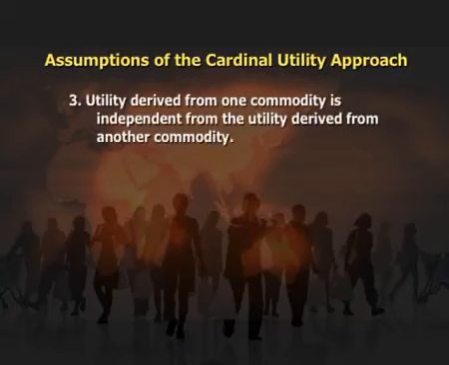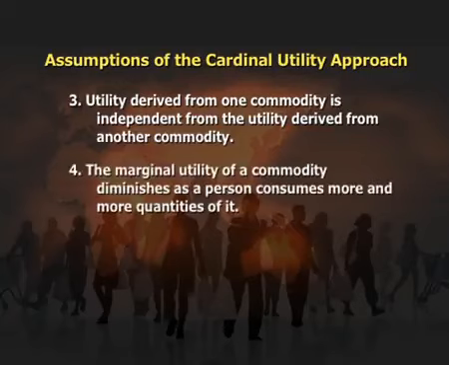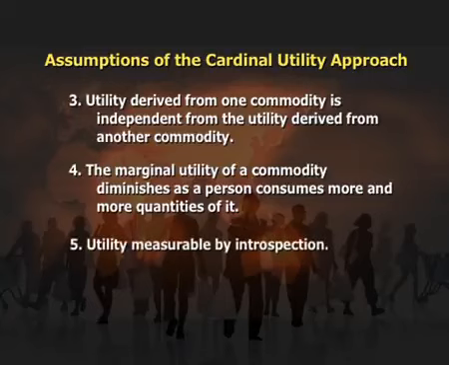Third, the utility derived from one commodity is independent of the utility derived from another commodity. Fourth, the marginal utility of a commodity diminishes as the person consumes more and more quantities of it. Fifth, utility is measurable by introspection.